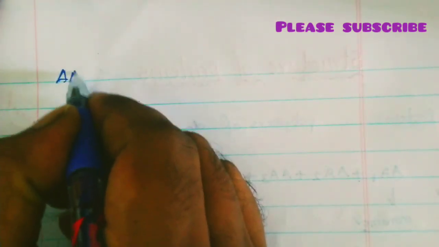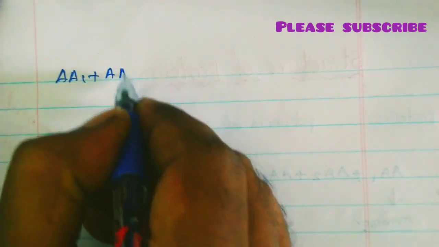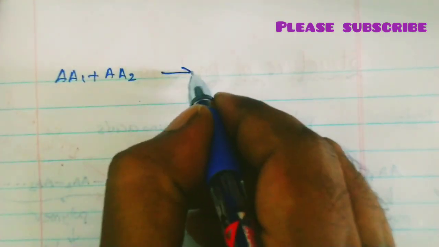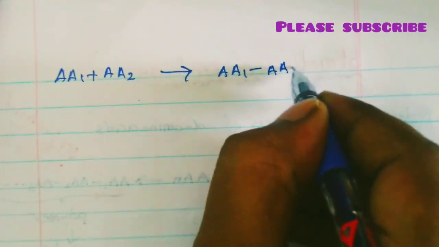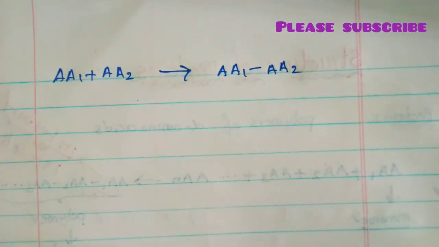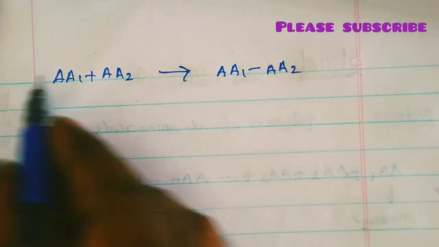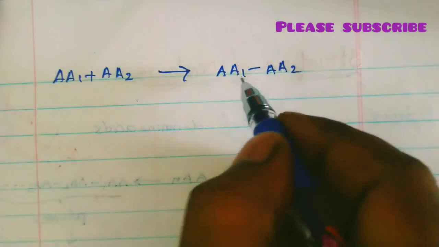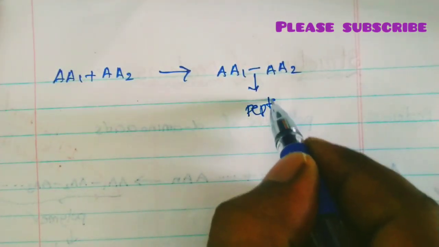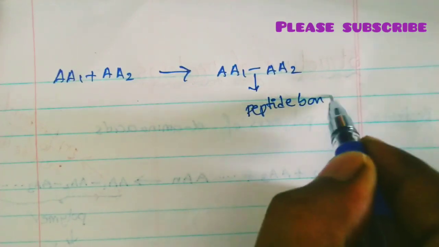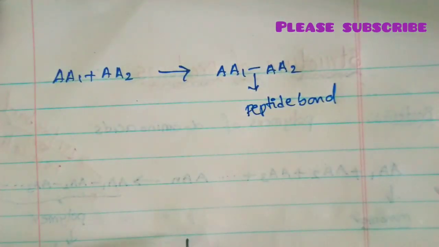Suppose I take only 2 amino acids, A1 plus A2. You will get one product, no? A1 bonded with A2. Already I have written this based on glycine and alanine; now I will write the general notation. What is the name of this bond? Peptide bond, otherwise peptide linkage.